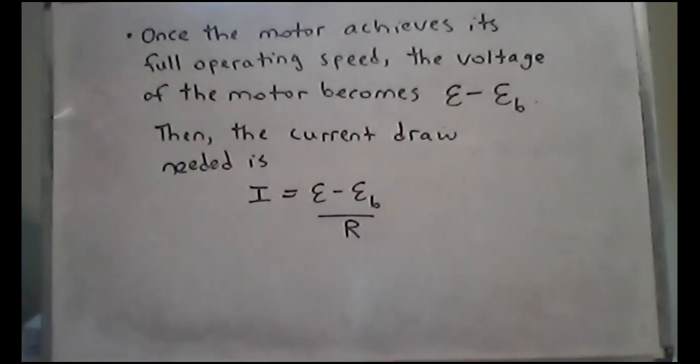So initially, when you turn on a heavy motor, like a washing machine or a refrigerator, when it first turns on, you often notice that some of the nearby lights will dim because that current draw is very large. The worst thing you could possibly do is turn on something, have the motor stuck, and then just be drawing current when the motor's not moving. That's really bad, because you're drawing the largest possible current, and that is usually a very large current.